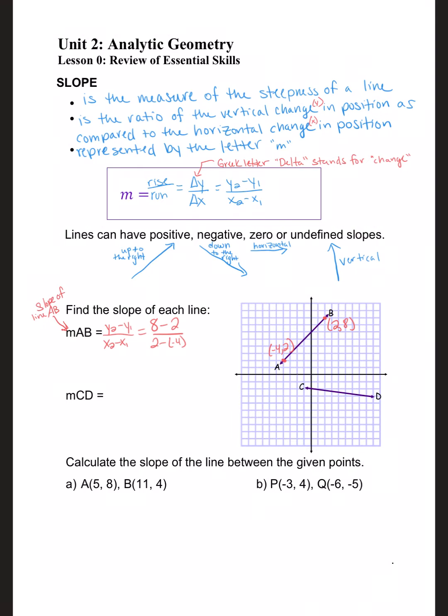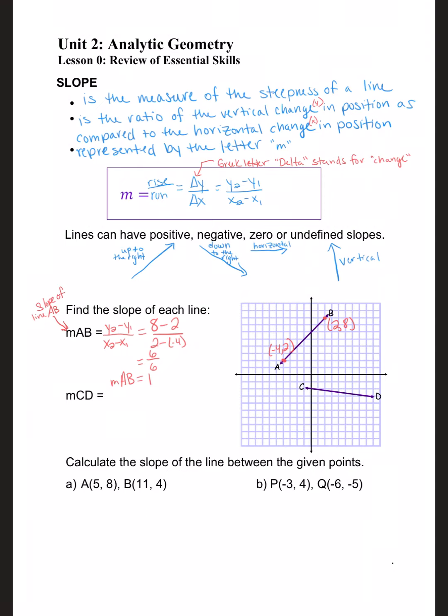So I'm going to put that in brackets so that we can see we have a minus, a minus. And we subtract those. Well, 8 minus 2 is 6. 2 minus a -4 is going to change that to a +4. So 2 plus 4 is 6. So we can simplify that. So we can say that the slope of line AB is equal to 1. All right.